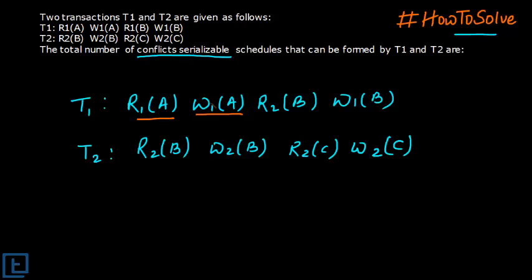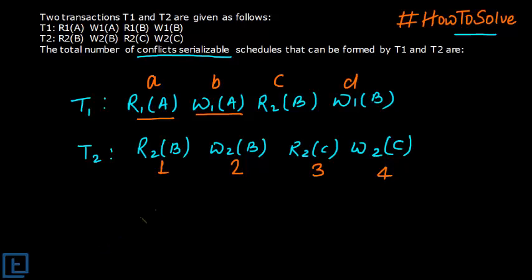So what we will do is label these operations to simplify. Let's label it A, this is B, this is C, and this is D. Now let's label the operations in the next transaction as 1, 2, 3 and 4.